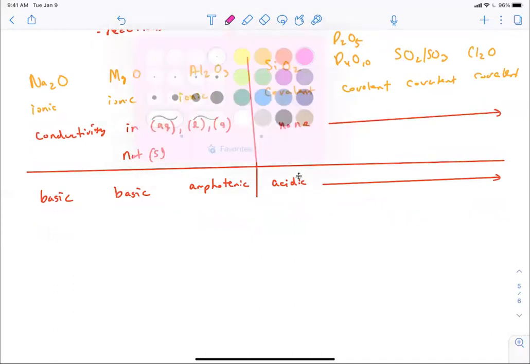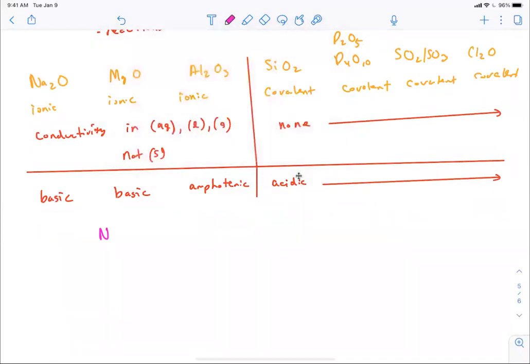Metal oxides react with water to form the metal hydroxide.